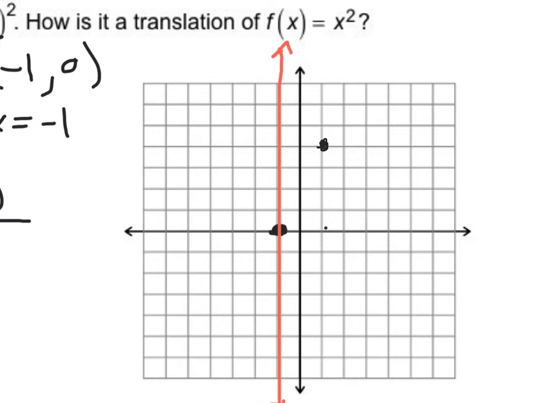And the other point will be on the other side of the axis of symmetry. Well, the other point, since we're 2 spaces away from the axis of symmetry, we need to be 2 spaces away from the axis of symmetry on the other side.